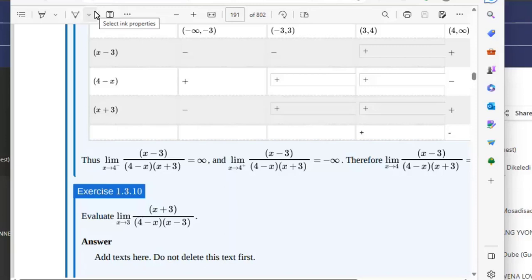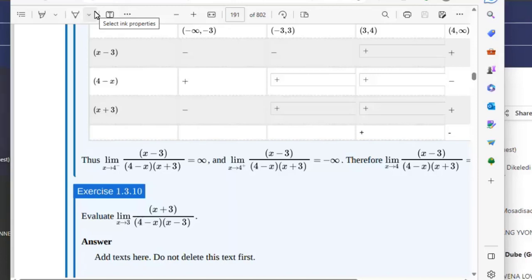Any number to the right-hand side of 3. Can anyone give me any number to the right-hand side of 3? Let's check. 4. Okay.